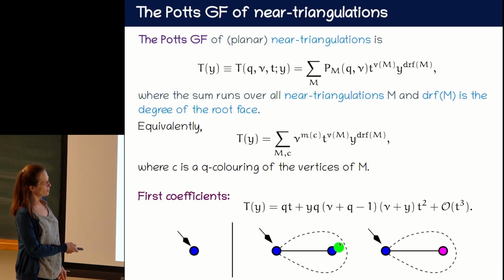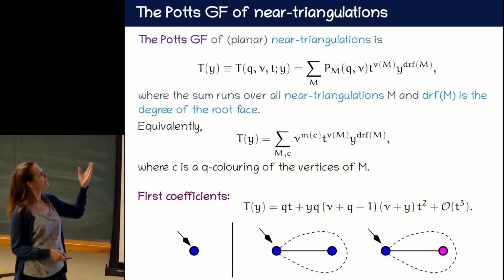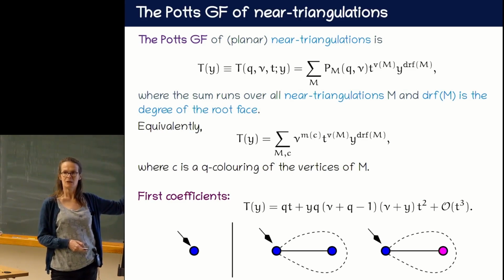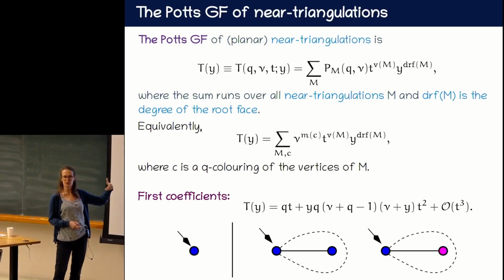With 2 vertices, you have exactly 2 near triangulations, depending on whether you put this loop or not. And this will give this coefficient here, times t squared, and so on. So you have to think of this series T of y, which is really my main character here, as a power series in t, whose coefficients are polynomials in q, nu, and y.